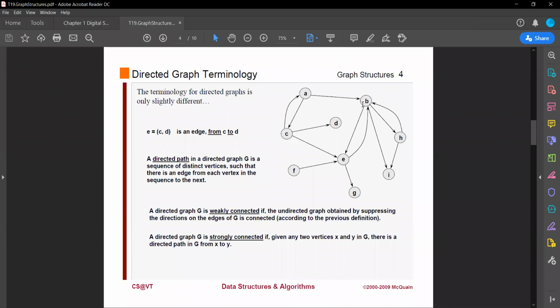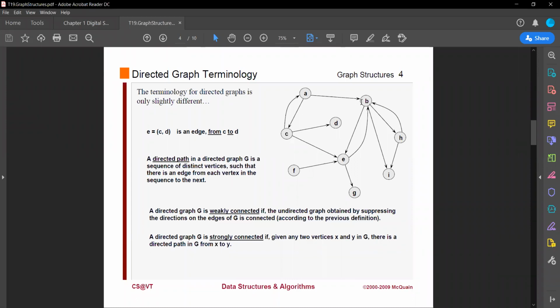So how can we write it? We write A comma B. But is there any edge from B to A? No, there is actually no edge from B to A, so we do not write B comma A here.